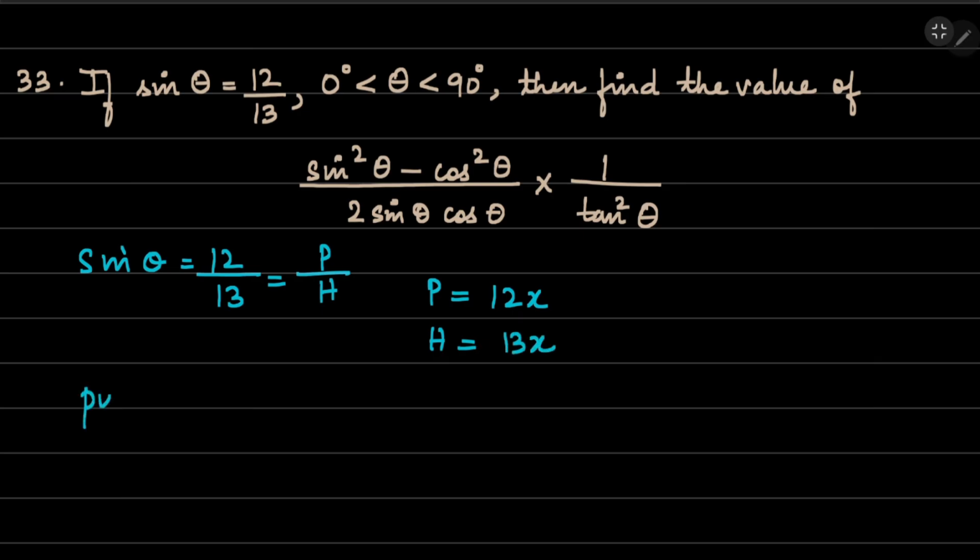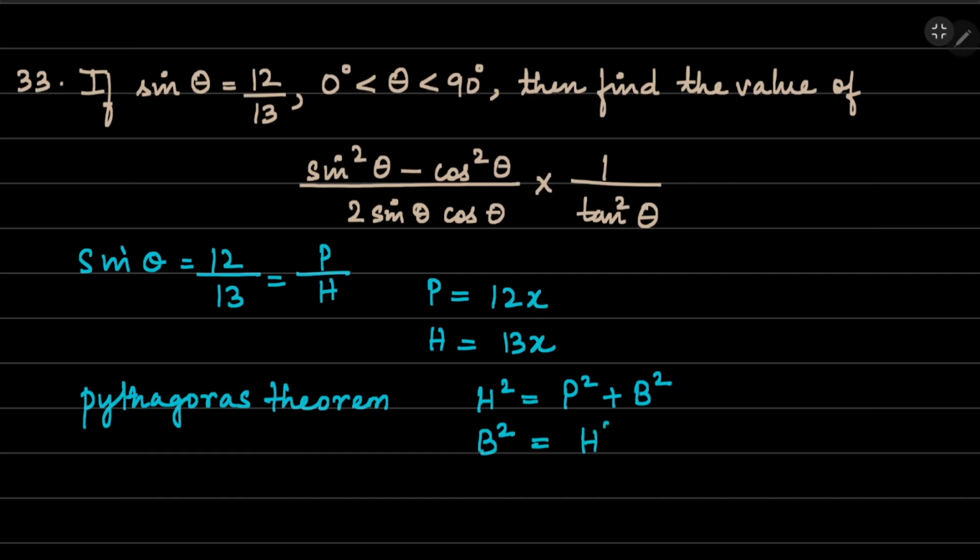According to your Pythagoras theorem, h square equals p square plus base square. We don't know base, so we can write base square is equal to hypotenuse square minus perpendicular square.